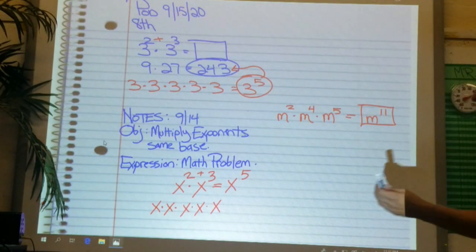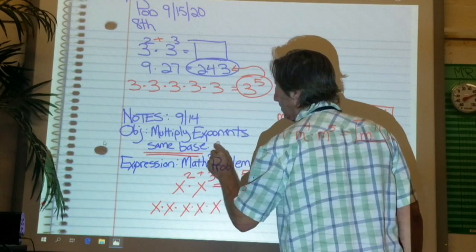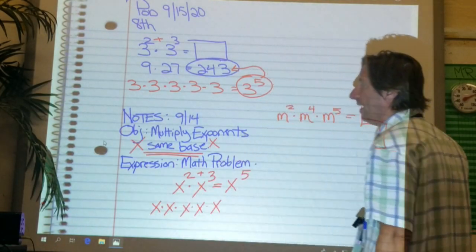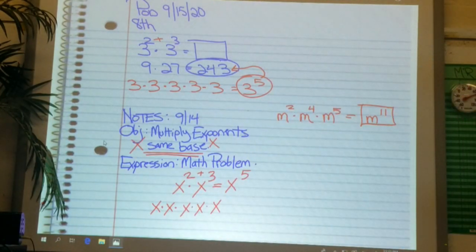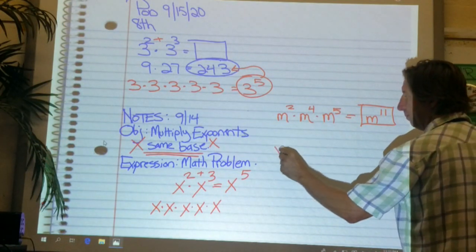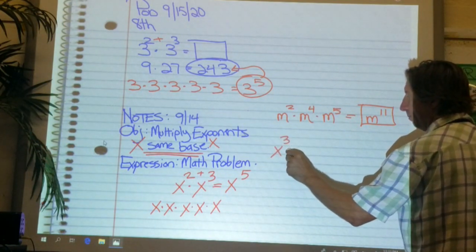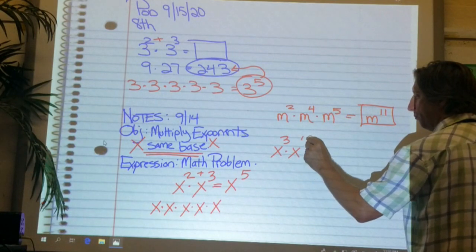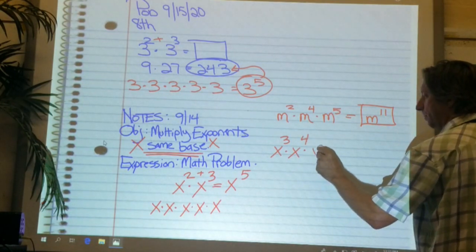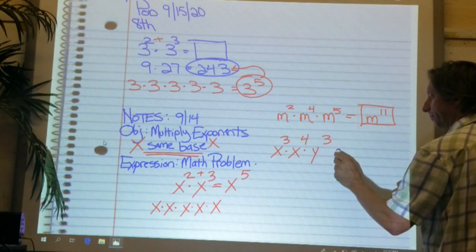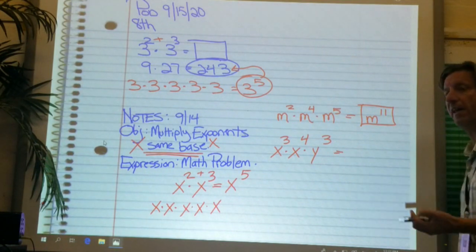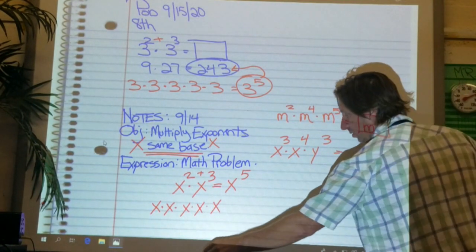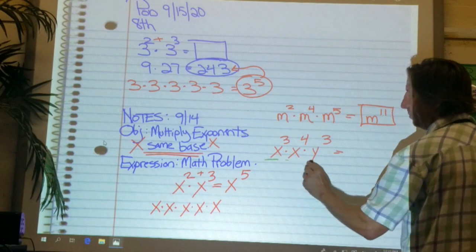Now this is the most important thing. They have to have the same base. Well, what happens if they don't have the same base? Let's look at one of those. X to the third times x to the 4th times y to the 3rd. Well, we just simplify the ones we can. So it's kind of like a like terms thing.